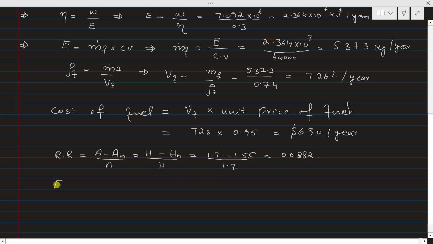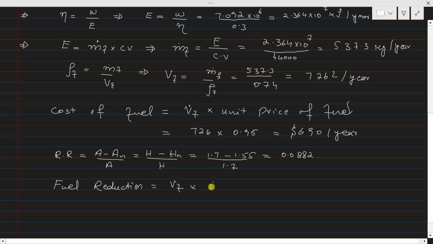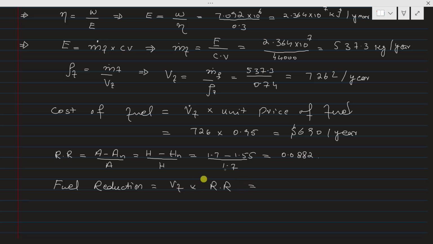So fuel reduction is equal to amount of fuel, that is V F, multiplied by reduction ratio. So amount of fuel is 726, reduction ratio 0.0882. After solving, you will get fuel reduction, that is liter per year.